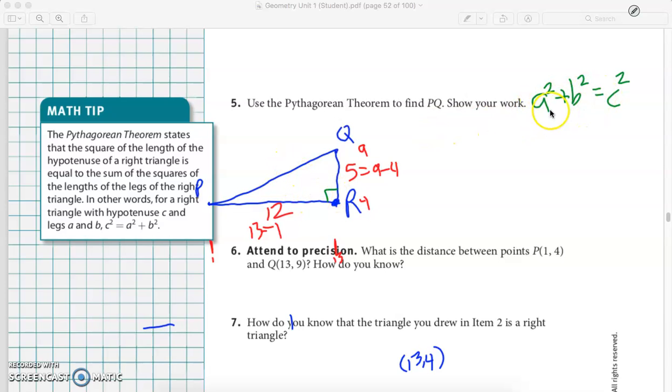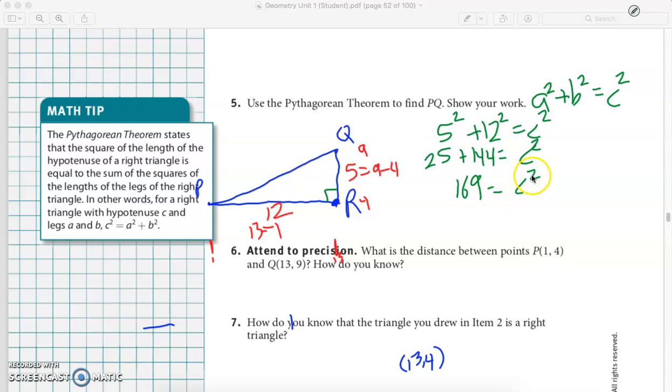So we can use the Pythagorean theorem now to find the length of that third side, because we know what one side is, and we know what the other side is, 5 and 12. So let's plug 5 in for a and 12 in for b. 5 squared is 25. 12 squared is 144. Equals c squared. 25 plus 144 is 169. Now to get c by itself, we've got to get rid of a squared.